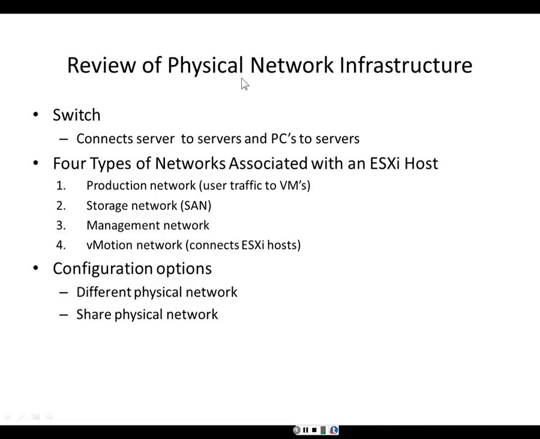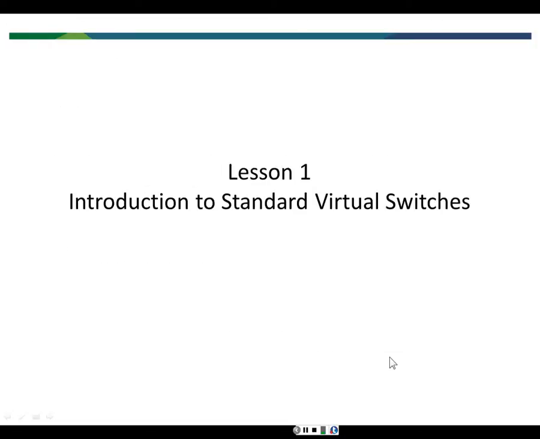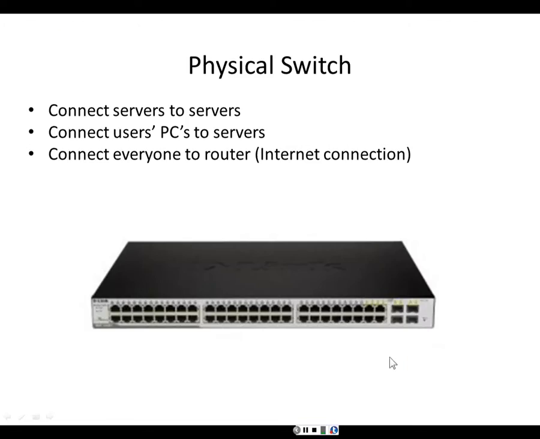All of these things which are true for a physical network infrastructure are also true for a virtual network infrastructure. So now let's turn to an introduction to virtual switches.